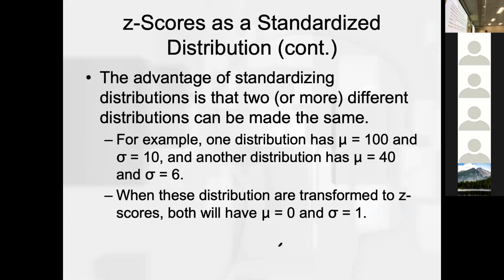But what you can do is convert them to z-scores, or convert from z-score to that new distribution, and we'll do an example of that in just a second. But converting them both to z-scores allows you to have essentially a common language by which you can compare those values.